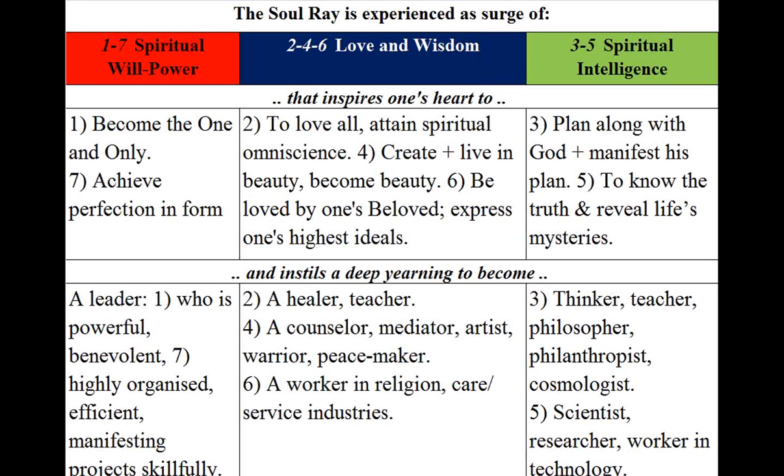That's their role. Now let's have a look at the 3-5 line, because they use their mind to help along humanity, and they use their intelligence to think God's plan into existence. So with Ray 3 minds, you get those great intelligences like Einstein, Edison, Hawking, all these great minds, whether they're a 3 soul or not.